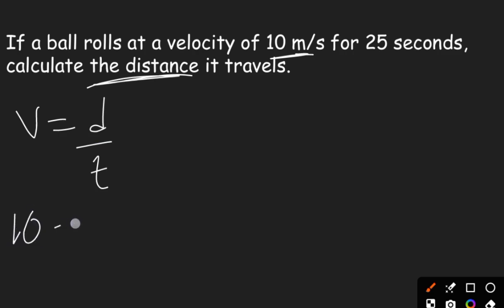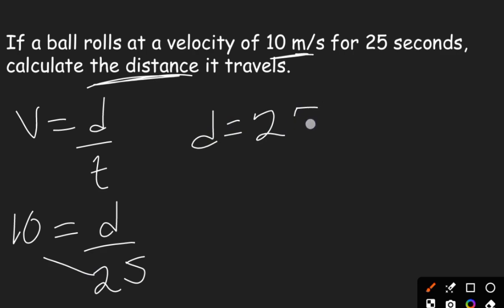So write your 10 here equals your distance d over 25. So you're going to cross multiply. You're going to have d equals 250 meters. Now always take note of the units so you don't mess things up.